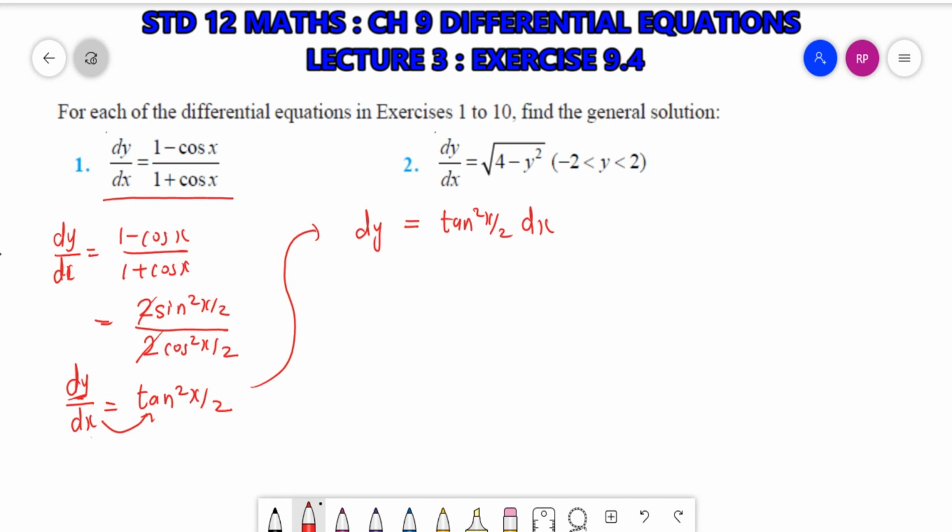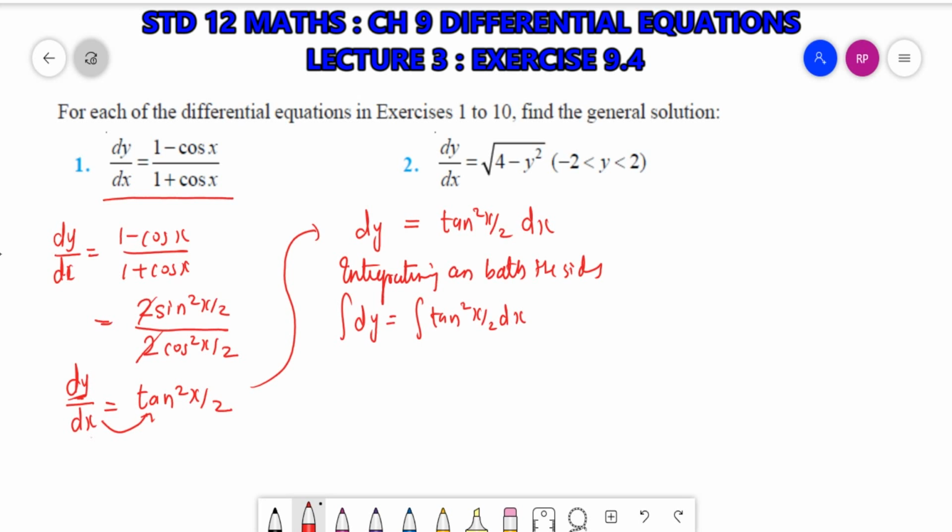So first separate the variable x with dx and y with dy. Here there was no y, so it's only dy. Now integrating on both the sides, integration of dy is equal to integration of tan square x by 2 dx.